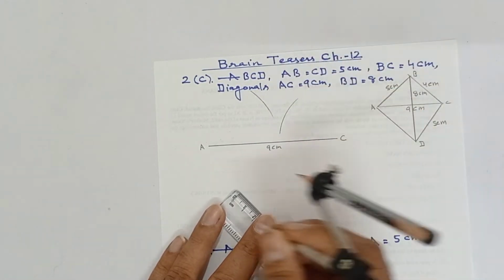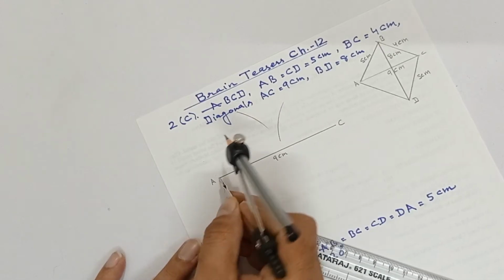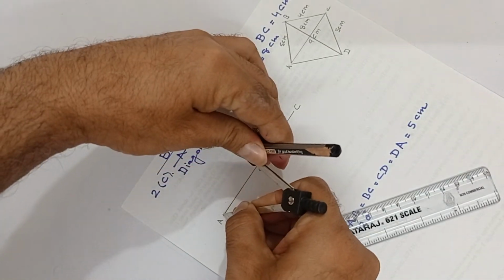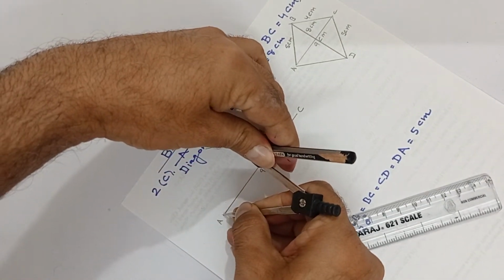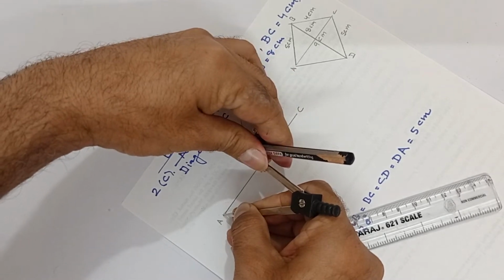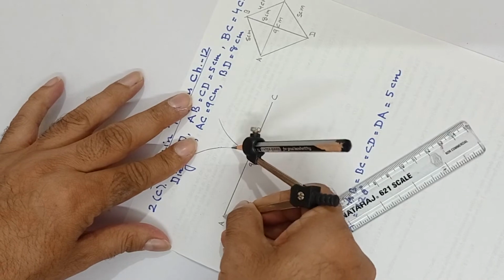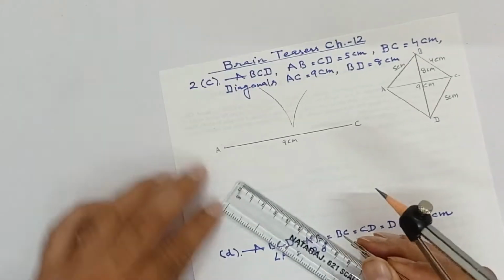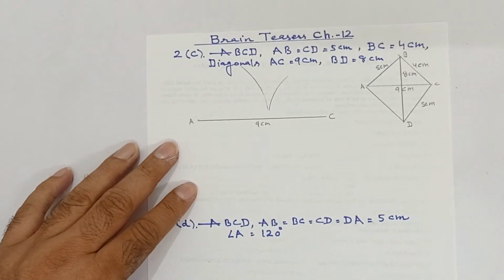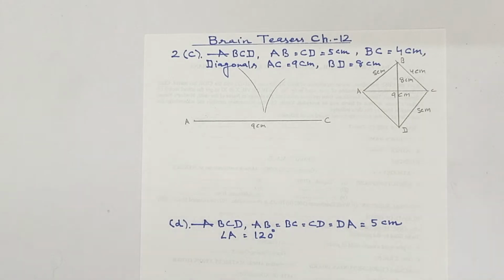So what are you observing? We are not able to intersect both these arcs. I will increase this 5. Look, they will not cut each other. So it means we are not able to do the construction.